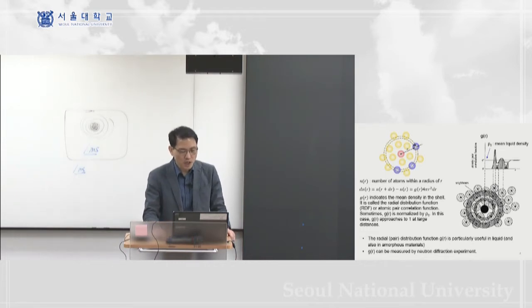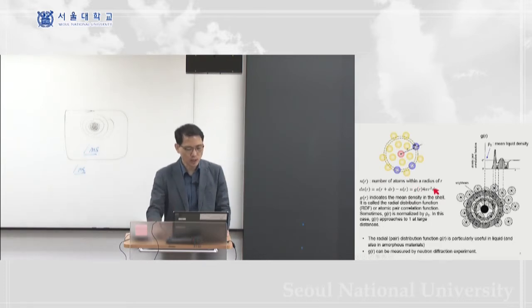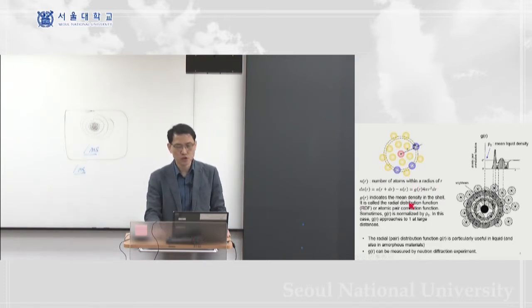So g(r) should correspond to the average density in the shell. You understand, right? Number of atoms over volume should correspond to the average density. So this g(r) is called the radial distribution function.